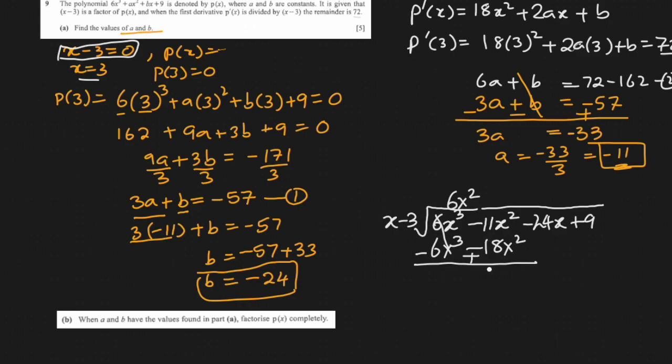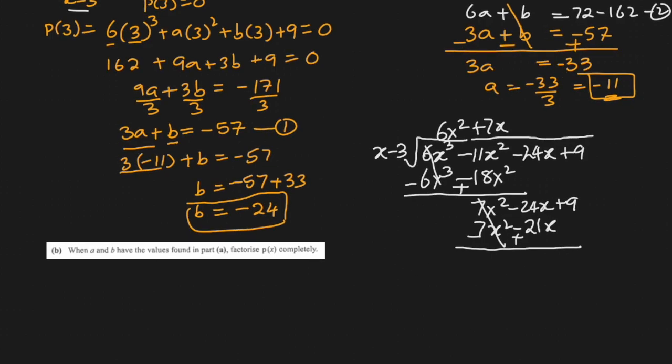So it comes out with 7x square minus 24x plus 9. So I'll multiply x with 7x: 7x square minus 21x. This becomes positive, this becomes negative, cancel out.